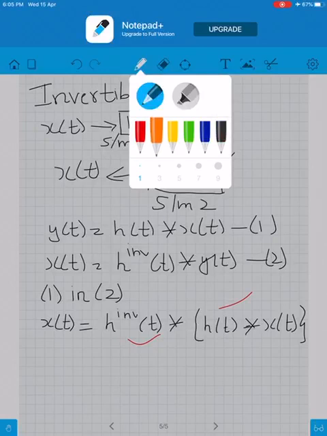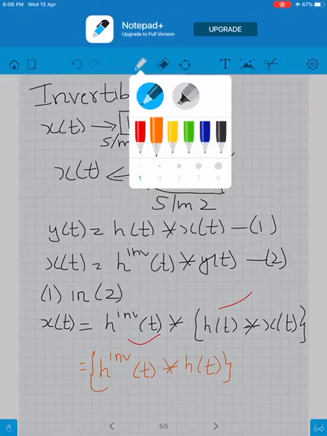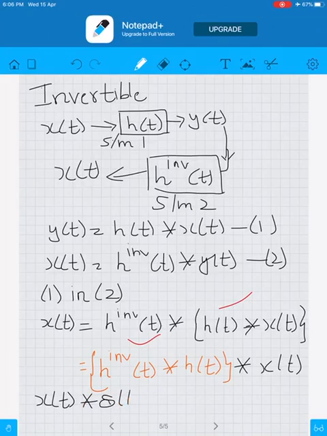Now, using the associative property, I can combine this and this, and I can rewrite the equation as h inverse of t convolve with h of t convolve with x of t. If you observe, the left hand side is x of t and the right hand side is this. We know the identity property of the system: whenever x of t is convolved with delta of t, I can get back my signal x of t.